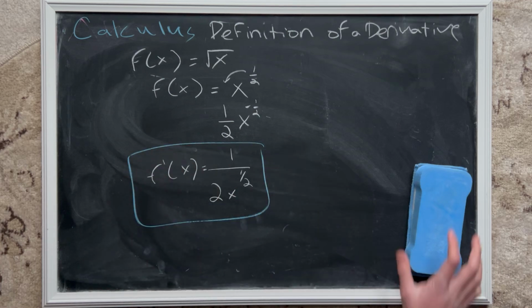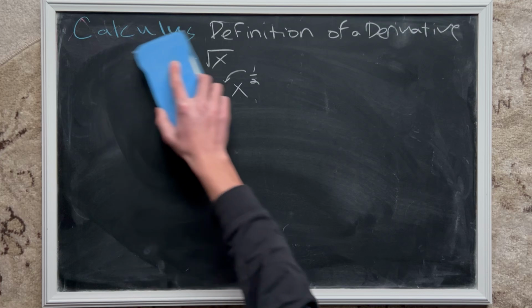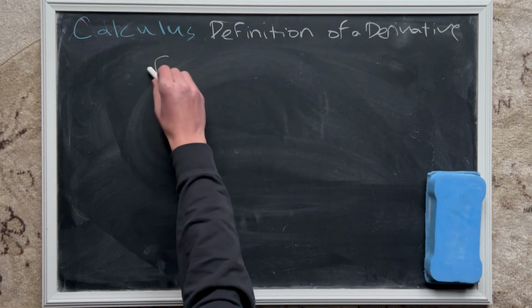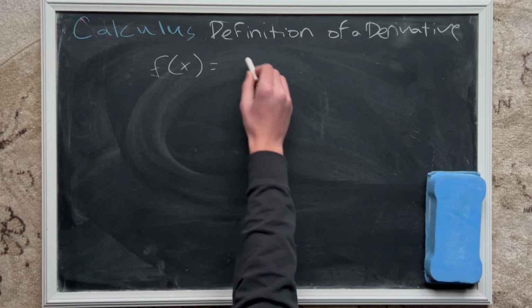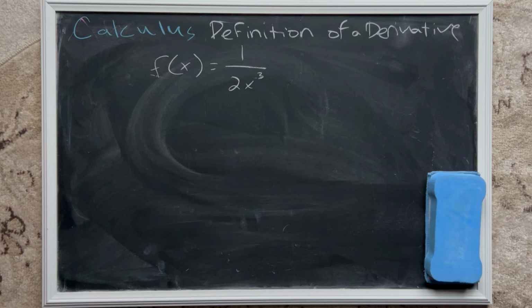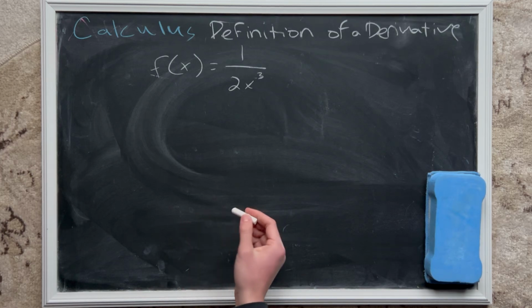All right. For our next example, we will do 1 over 2x to the 3rd. Alright, same principle. We are going to use the negative exponent rules.